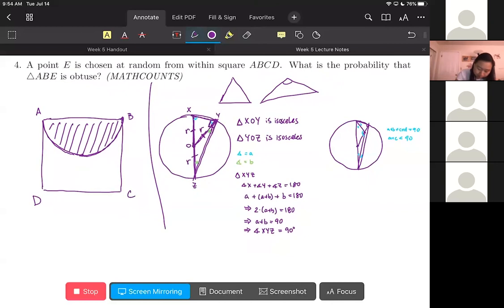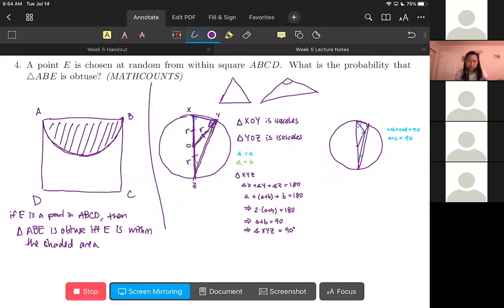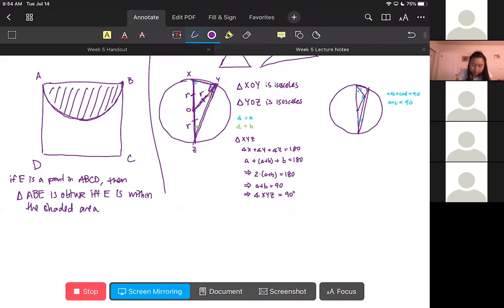So triangle ABE is obtuse if and only if E is within the shaded area, where E is a point in ABCD. So this is what we've derived or concluded.